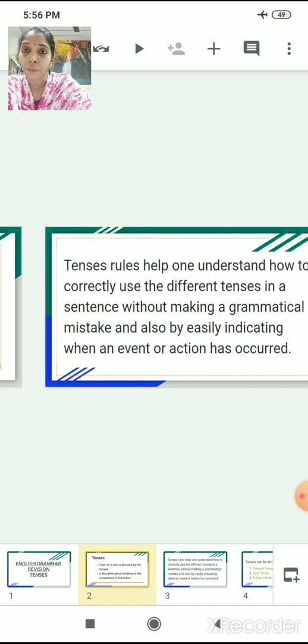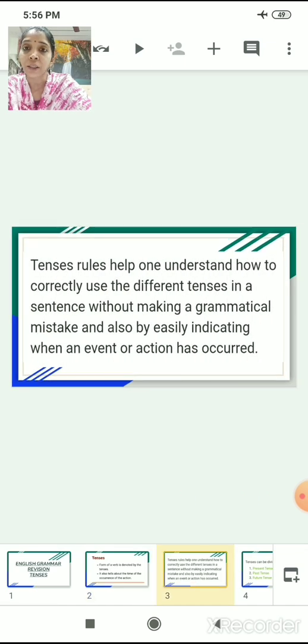Now let me tell you, tense rules help one understand how to correctly use the different tenses in a sentence without making a grammatical mistake, and also by easily indicating when an event or action has occurred.